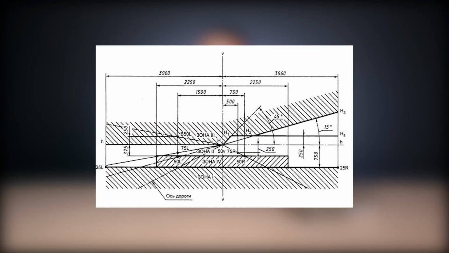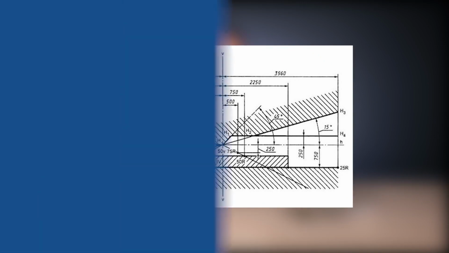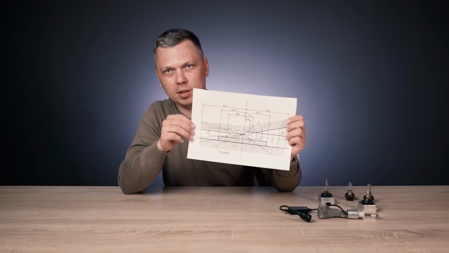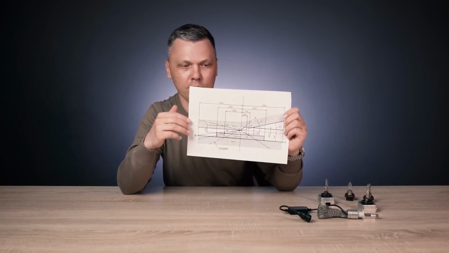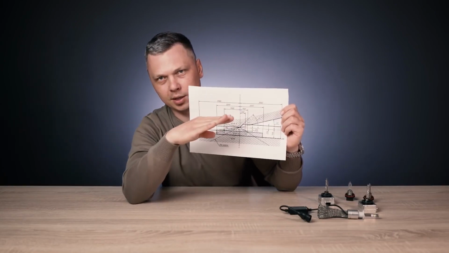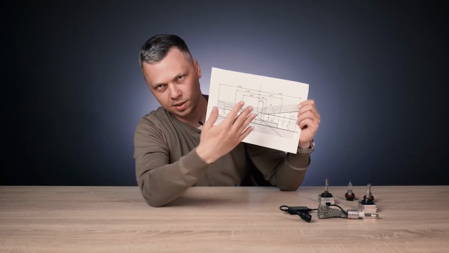Having become widespread in the 80s, we faced the problem of dazzling oncoming drivers. In order to avoid this, the dipped headlights began to be regulated normatively, and such a diagram appeared. The light beam began to be strongly clipped and no longer shone. In other words, before the light beam shone parallel to the horizon, and now it shines down and a little to the side of the road.